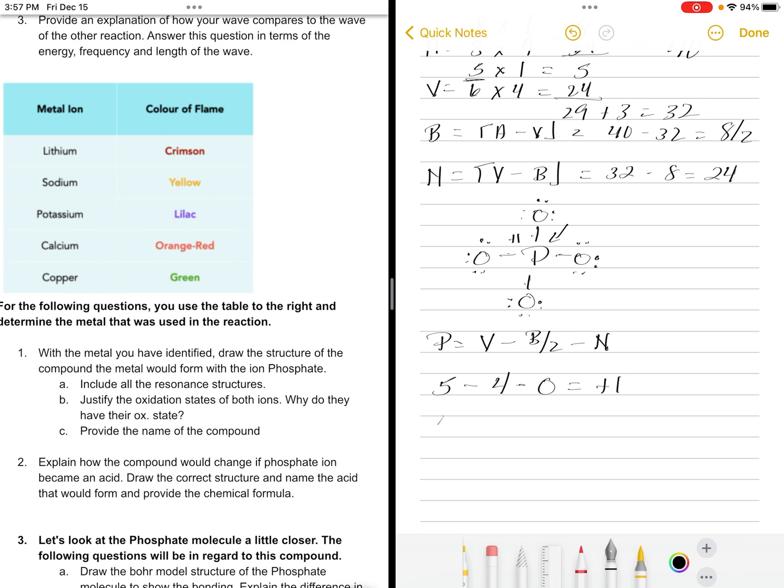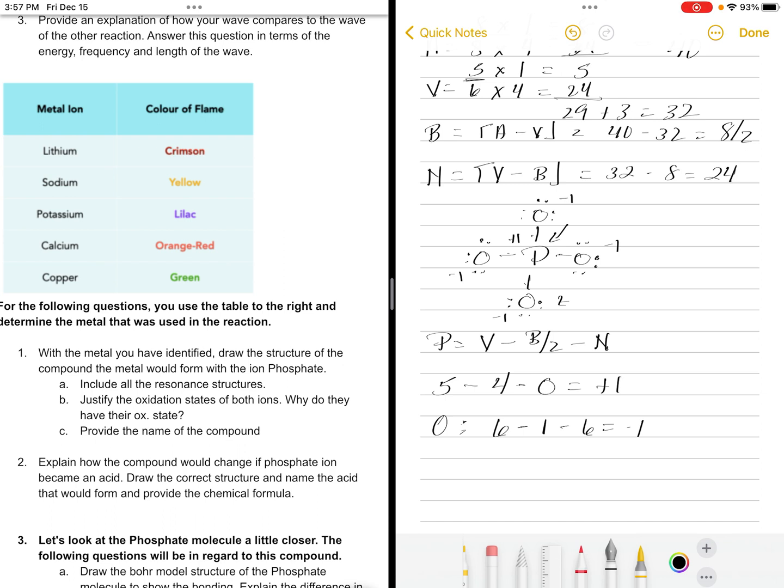Okay, let's do oxygen now. Oxygen has 6 valence electrons, right? We'll do this one right here. 6 valence electrons, it has 1 bond on it, and it has 6 non-bonding electrons, so it has a formal charge of -1. Now, if you notice, all the oxygens in this structure have exactly the same setup, so we can all say that they have a -1.